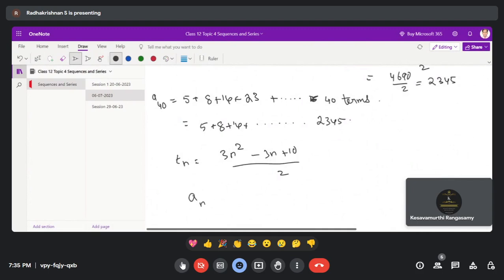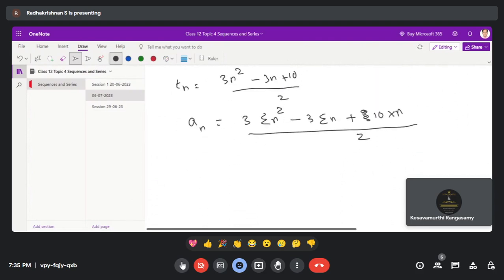So we put it as An is 3 into sigma n square minus 3 into sigma n plus 10 into n, so whole divided by 2. Now we'll have to put the formula for sigma n square, sigma n in this. So that means 3 into n plus 1 into 2n plus 1 divided by 6.